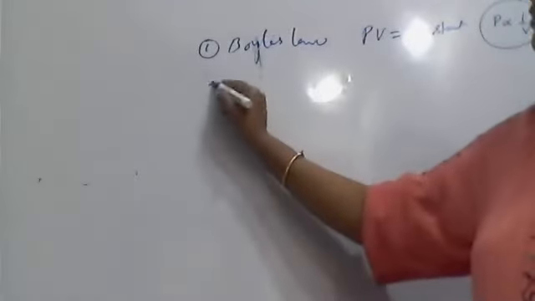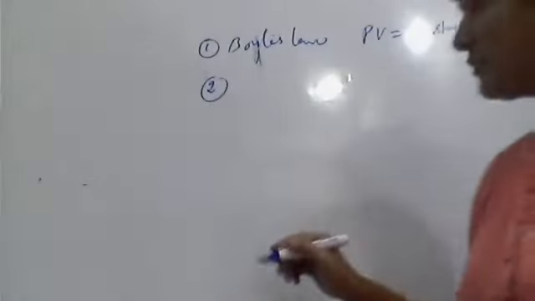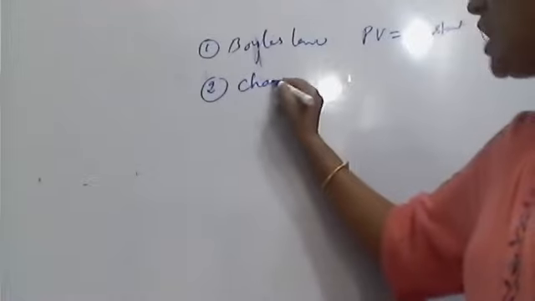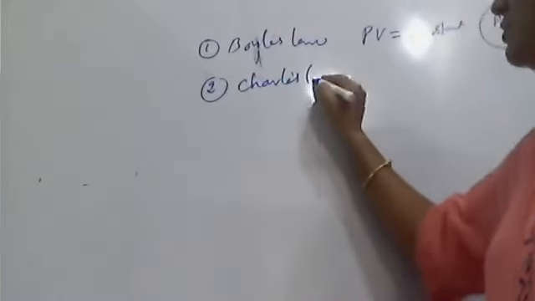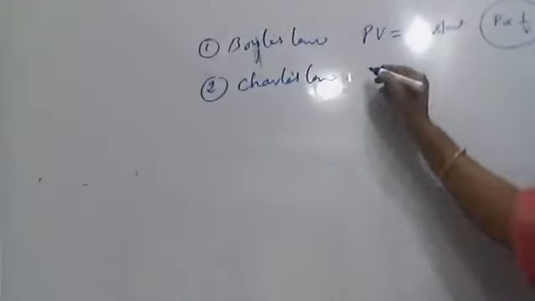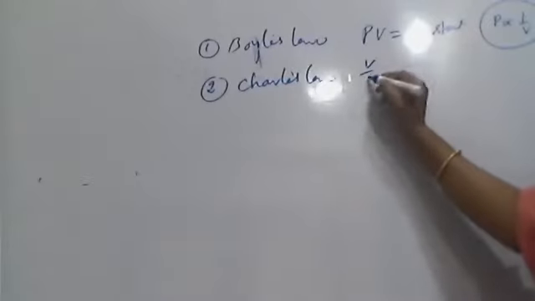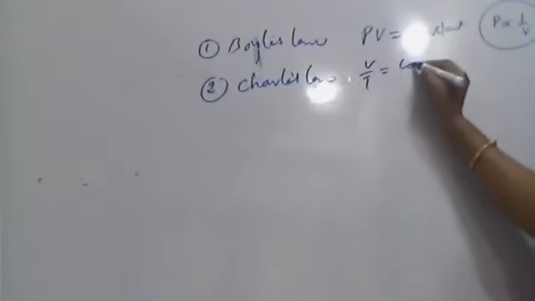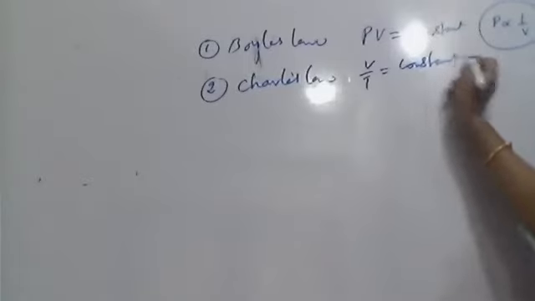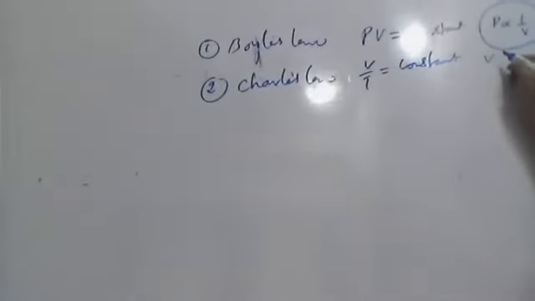And next, one more. According to Charles' law, V by T is constant. It means the volume of gas is directly proportional to absolute temperature.